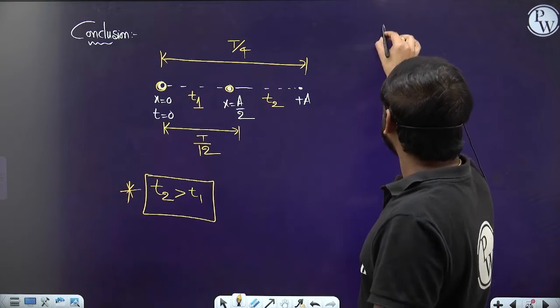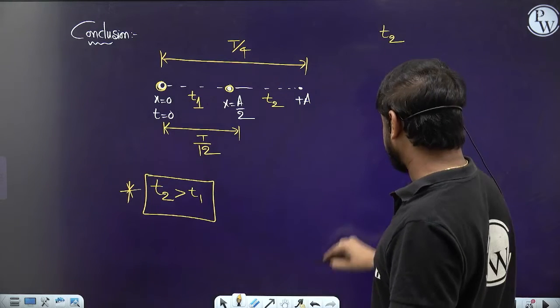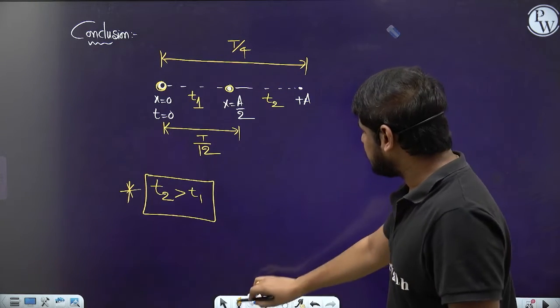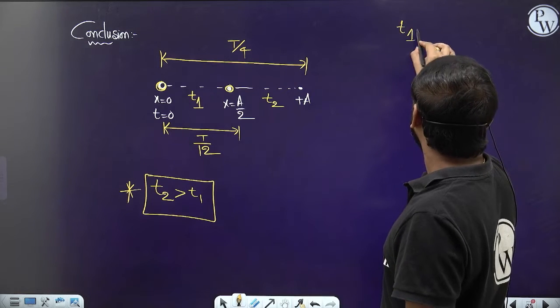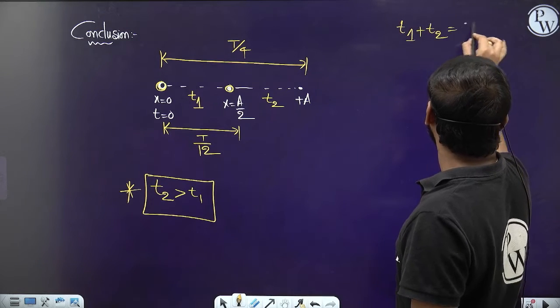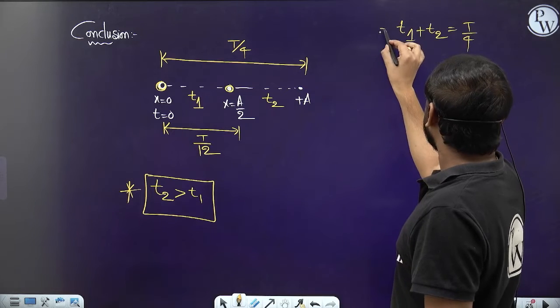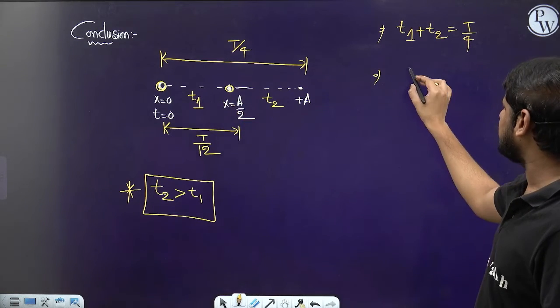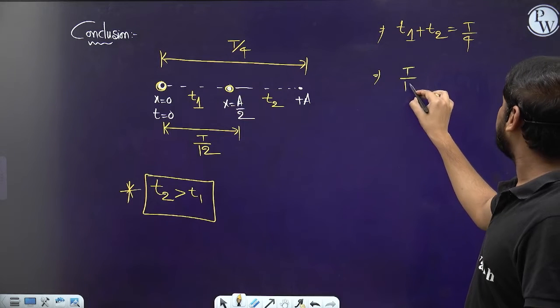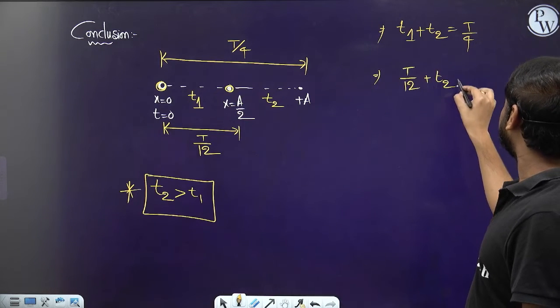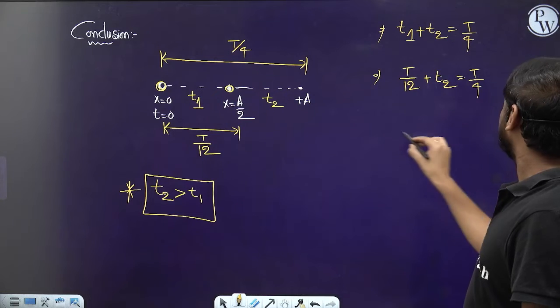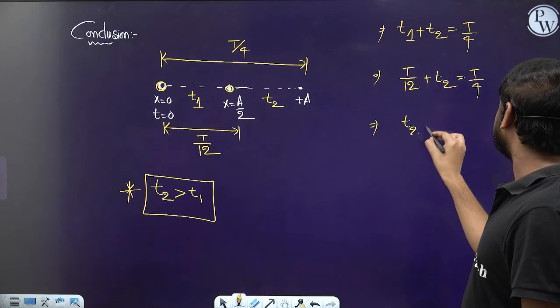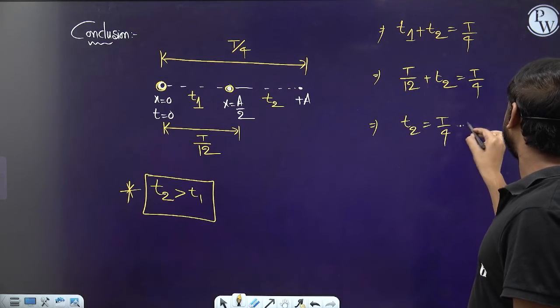And what is this time t2, sir? So t1 plus t2 is equal to T by 4. Here t1 is the time from the mean to half of its maximum amplitude, which is T by 12. So T by 12 plus t2 is equal to T by 4, which means t2 is equal to T by 4 minus T by 12.